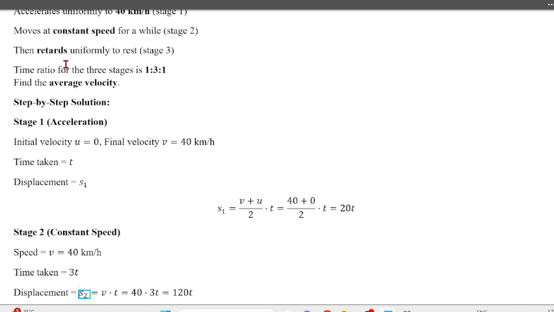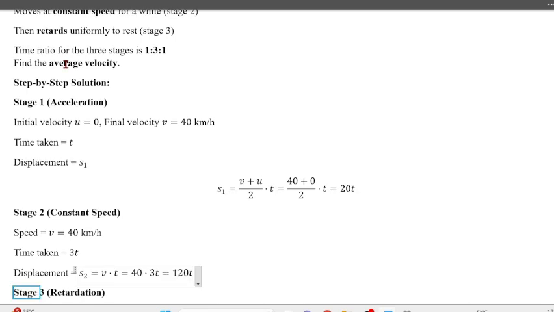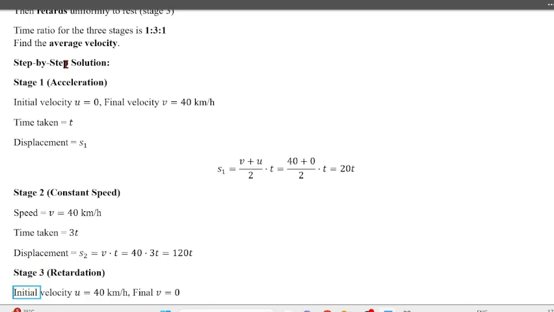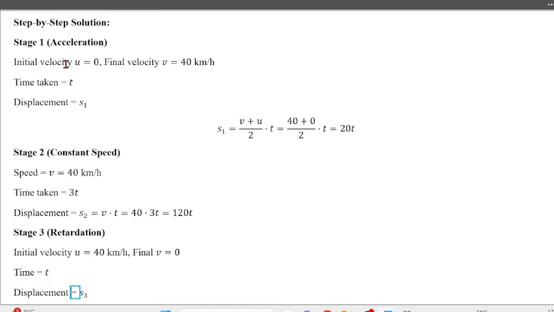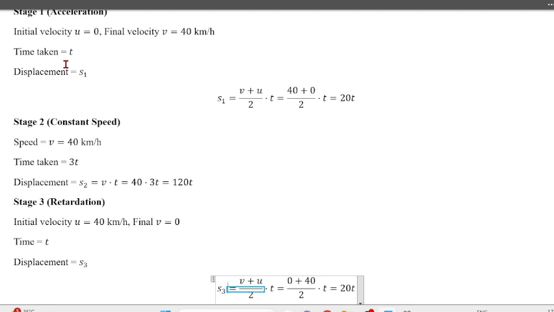Displacement s2 equals v times t equals 40 times 3t equals 120t. Stage 3: retardation. Initial velocity u equals 40 km per hour, final v equals 0. Time is equal to t. Displacement is equal to s3. s3 equals (v plus u) over 2 times t, equals (0 plus 40) over 2 times t, equals 20t.